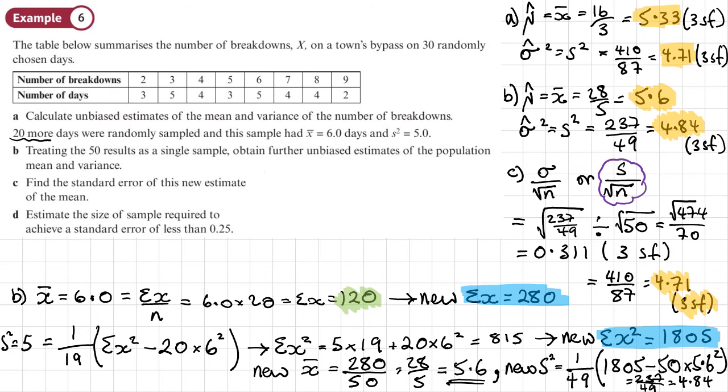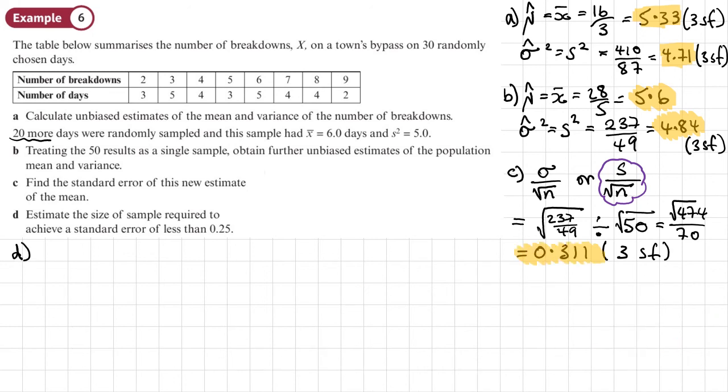And lastly, part D, estimate the size of the sample required to achieve a standard error of less than 0.25. So our standard error is S over root n, and we want that to be less than 0.25. So this question is all about finding n.